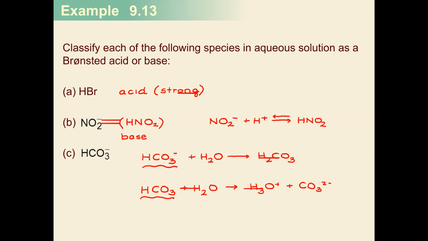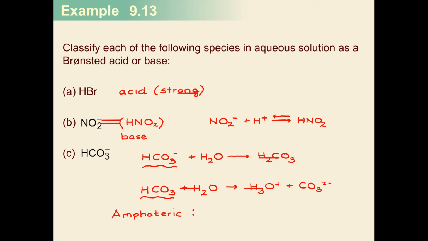What do we call a species that acts both as an acid and a base, depending on the conditions? This is commonly what we call an amphoteric species. Amphoteric meaning that it can act as an acid or base depending on the situation. So in this case, HCO3 1- is considered amphoteric. It can be an acid or base.